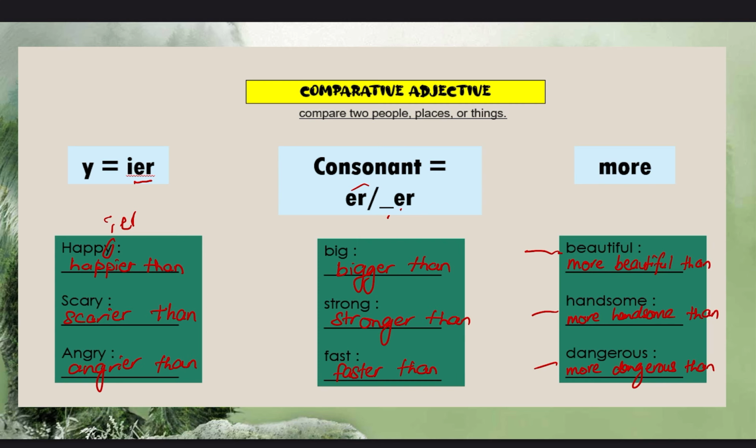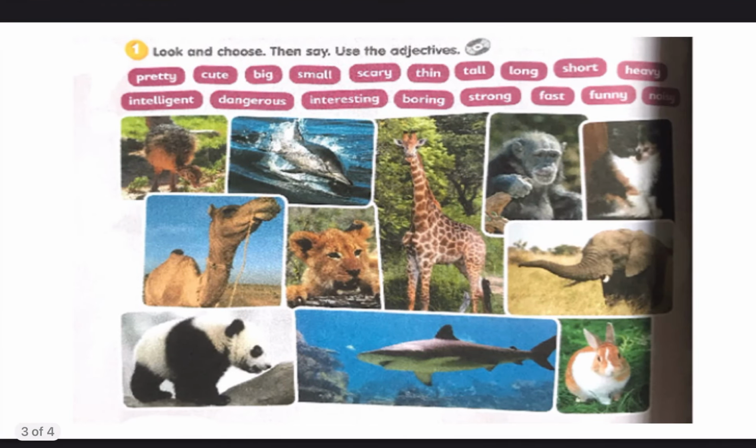Now we are going to proceed to the next slide. You can refer to your book page, let me see in the textbook. This is the adjective that you can use for your next activity.